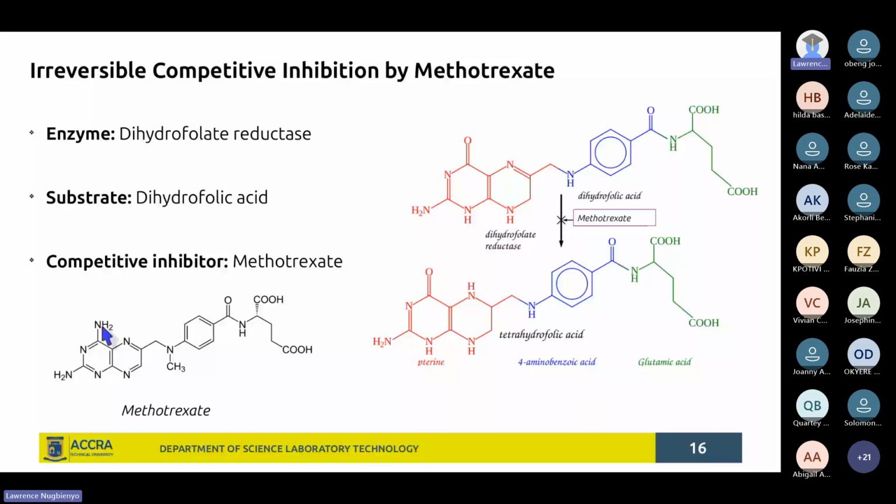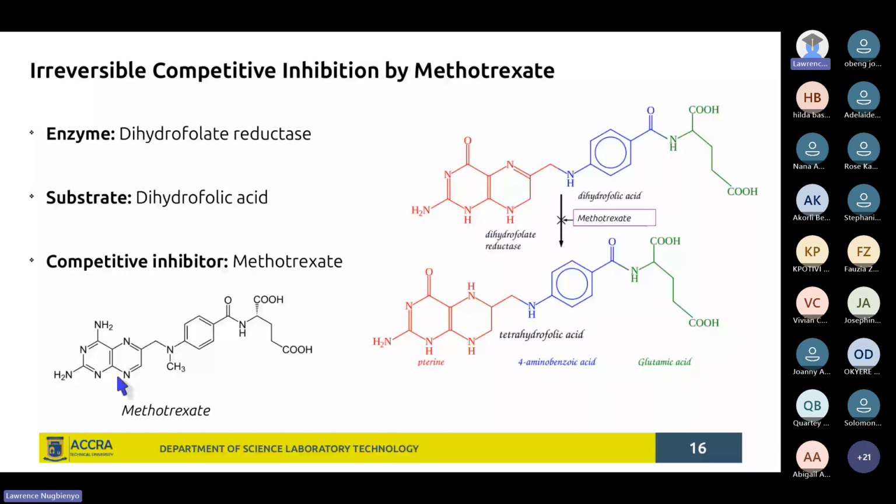That's when you look at the first ring. It has an amine group up there. In place of it, there is an oxygen. And then you have the two nitrogens below for dihydrofolic acid. They have hydrogen on them. Those nitrogens have hydrogen on them. That's not the case for methotrexate, no hydrogens.